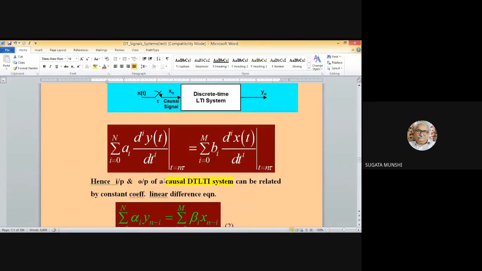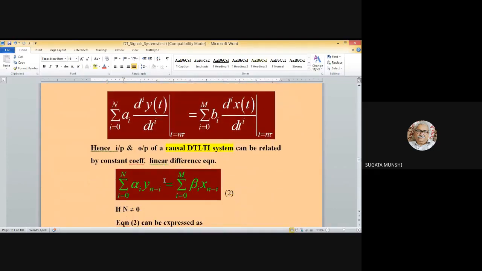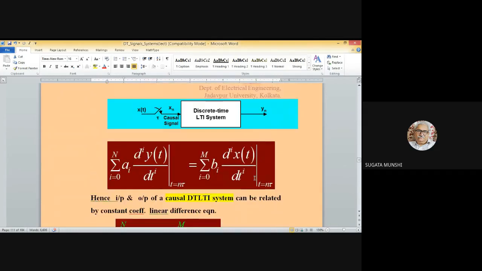What will happen to the left hand side? What will happen to the right hand side? The left hand side will become summation over I equal to 0 to N alpha I yn minus I, and the right hand side will be summation over I equal to 0 to capital M beta I into xn minus I, where alpha I's and beta I's are constants.